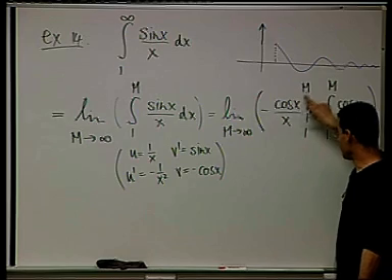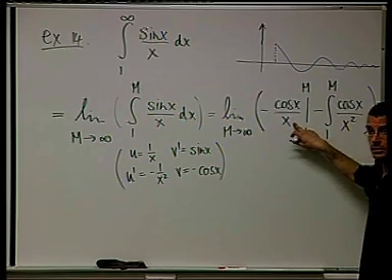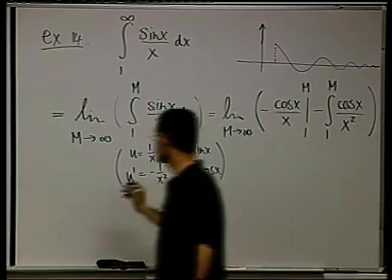So what do we have here? We have minus cosine m over m. That's some number. Right?